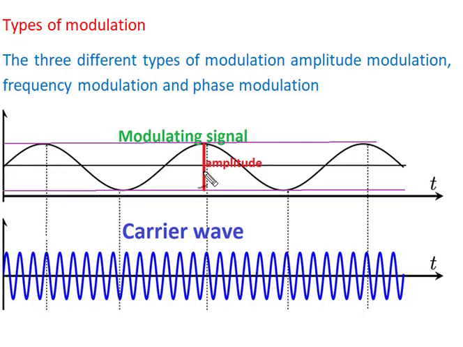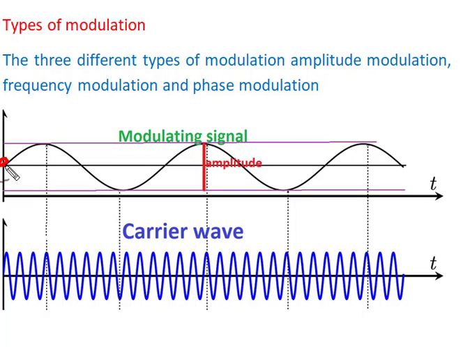Another parameter is the phase. See, the modulating signal starts with zero phase here. Here it is 90 degree phase, and this is the 180 degree phase. Suppose the signal starts here, then the phase varies.